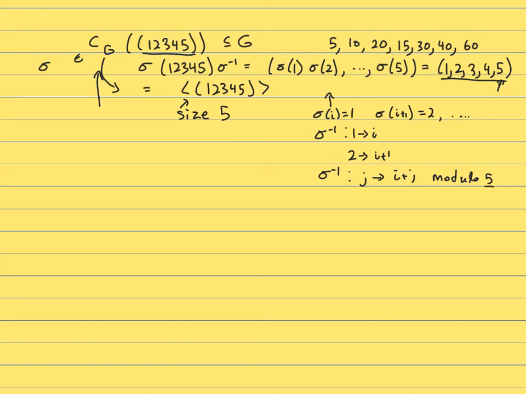And so what do we get for the index of our centralizer of our 5 cycle? We get that it's 60 divided by 5, it's 12. However, how many 5 cycles are there?